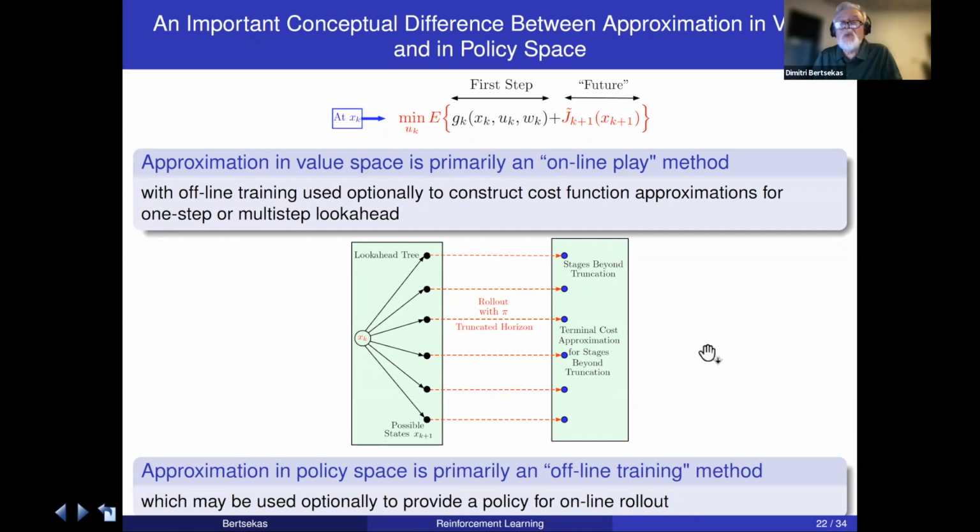So approximation in policy space in AlphaZero would give you a mediocre player. Whereas if you take that mediocre player and harness it within these offline obtained approximations, then you obtain a much stronger chess player.